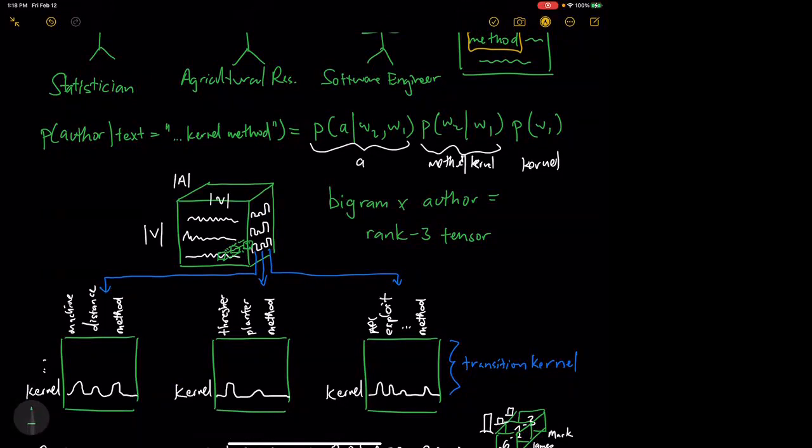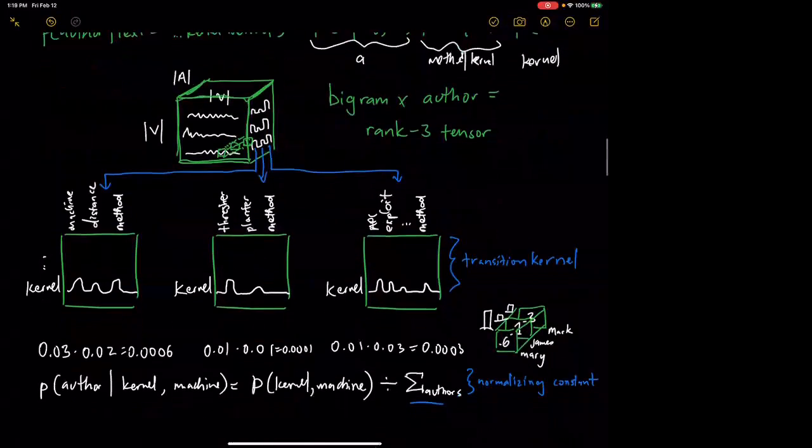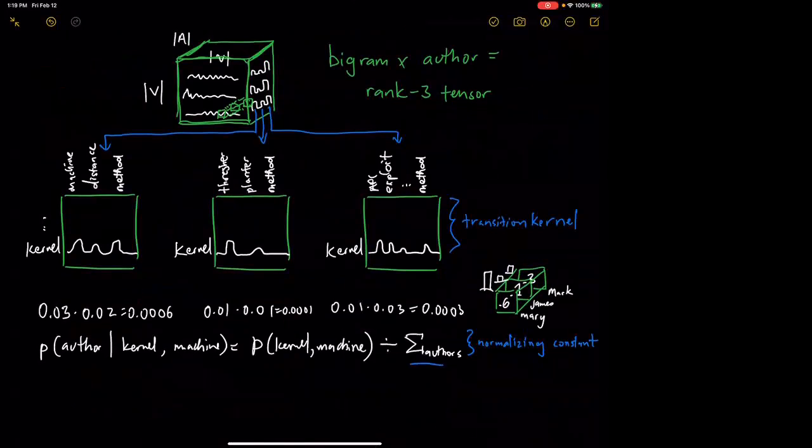in our data set. So we have the authors, which is a depth-wise value here along the depth of this tensor, and then we have a square matrix, which is the vocabulary, and each face of this, we can slice into a set of transition kernels for each author, right?